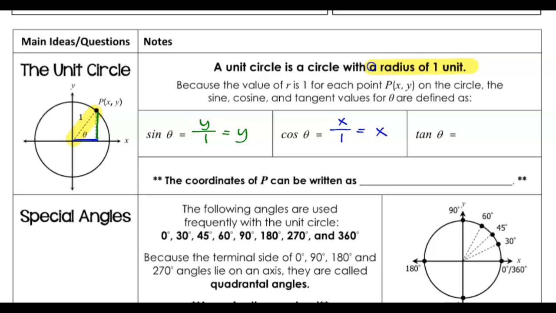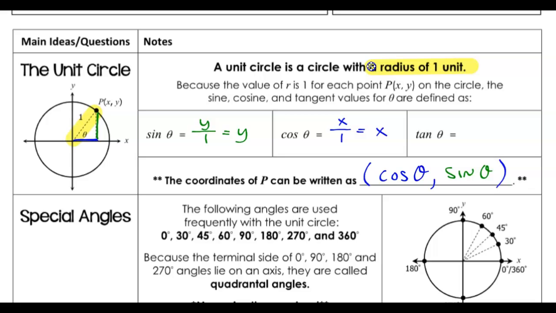So what we end up being able to say is that on the unit circle, the cosine is the x-coordinate and the sine is the y-coordinate. A lot of times people will try to remember these as we go around the unit circle because they are alphabetical: cosine and sine, C and S, just like x and y.